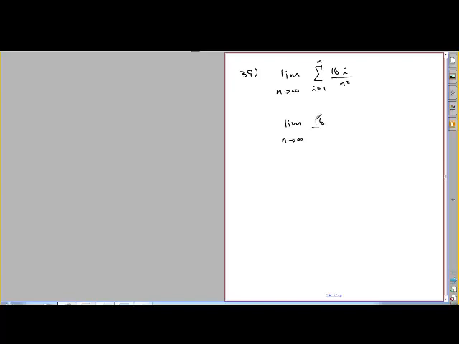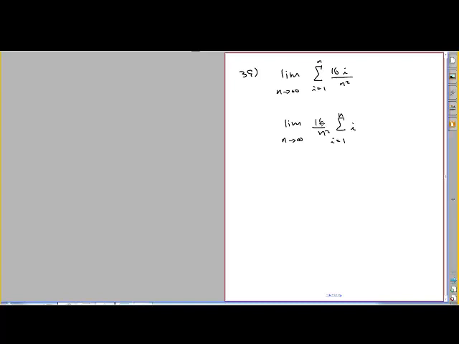And so we get 16 over n squared times the summation of i equals 1 to n. So what's this? It's just 1 plus 2 plus 3 plus 4 plus 5 up to n. You add all this up, and there's a formula for that particular operation. So we go look for it, and let's see.